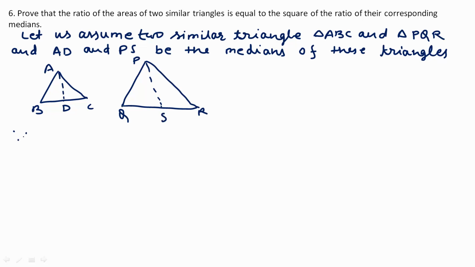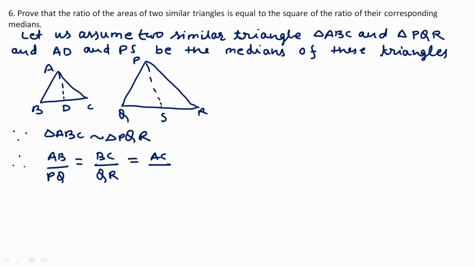Since triangle ABC is similar to triangle PQR, therefore AB upon PQ is equal to BC upon QR is equal to AC upon PR. This is number first.